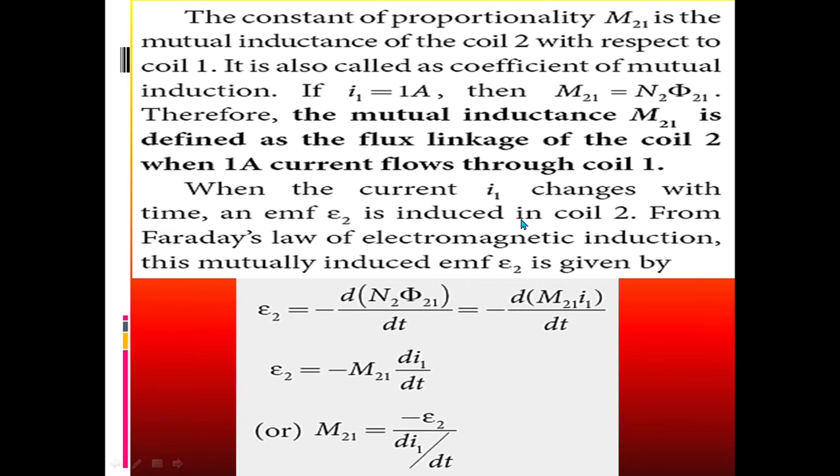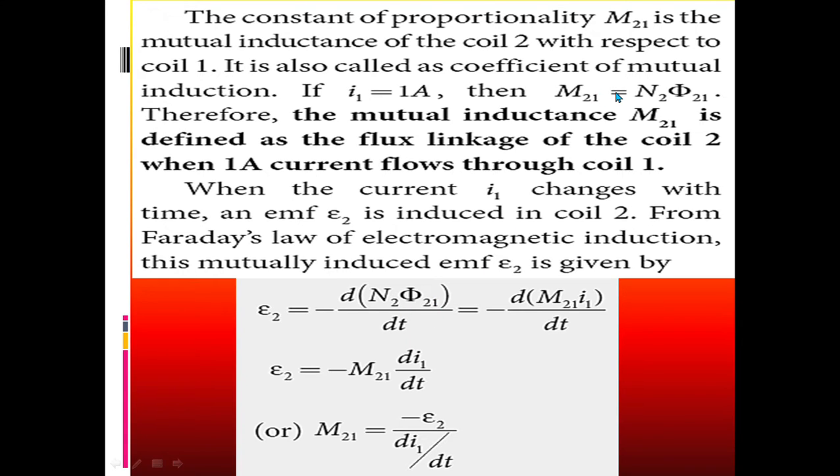From Faraday's law of electromagnetic induction, this mutual induction EMF epsilon 2 is given by, already we know the formula for Faraday's law, epsilon is equal to minus d N phi divided by dt. Here epsilon 2, the EMF produced in the second coil, is equal to minus d into N2φ21 divided by dt. Here N2φ21 is nothing but M21.